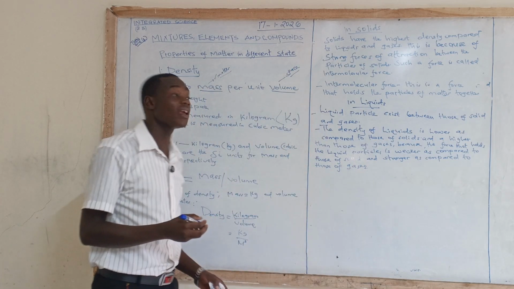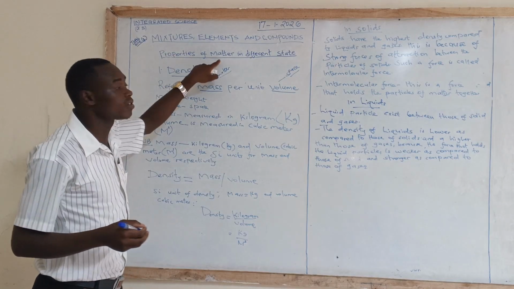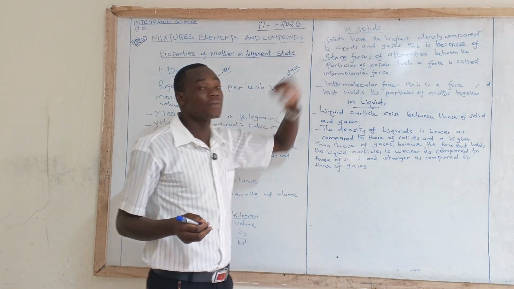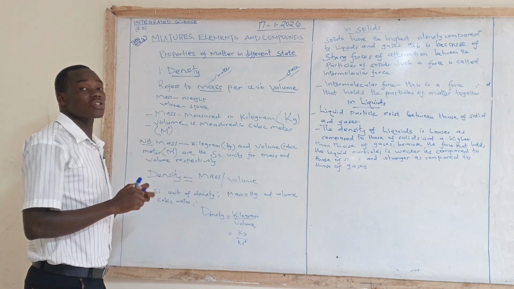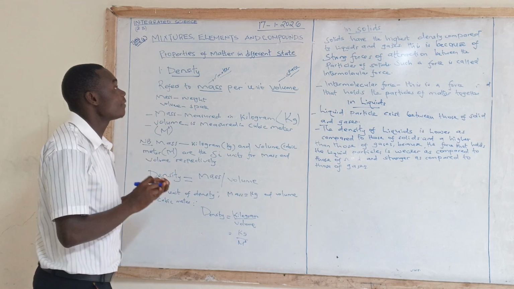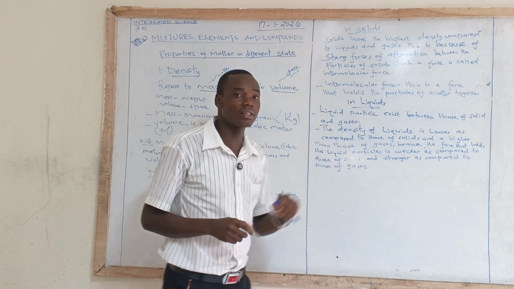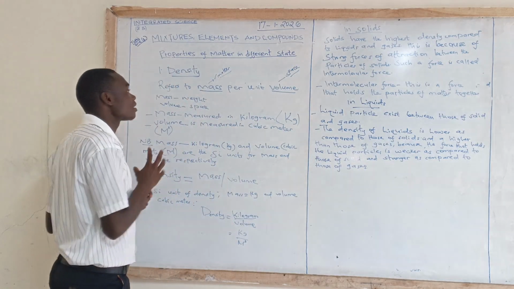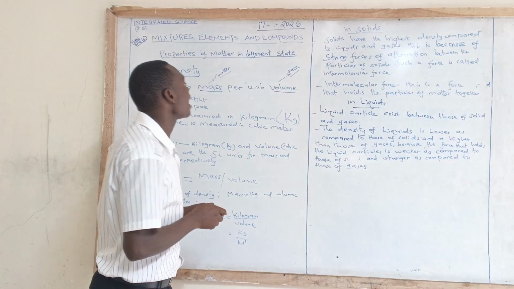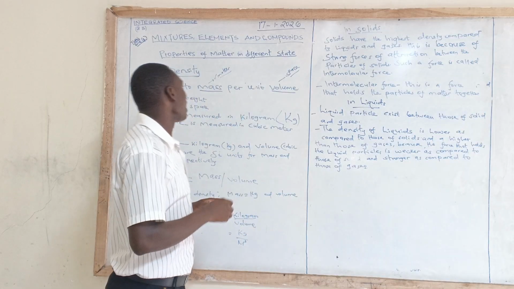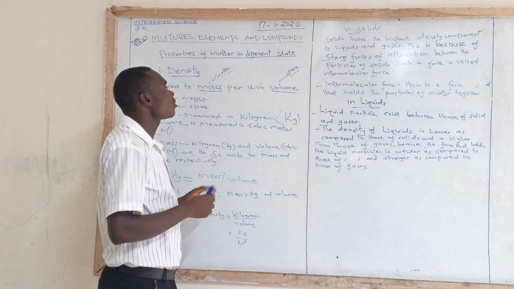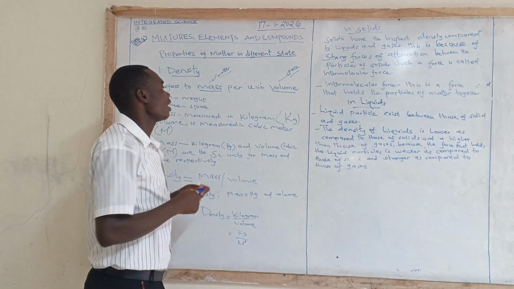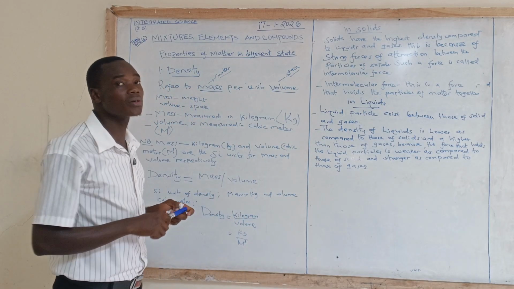So why are we saying that these are the properties of matter? You realize that particles of solid are strongly held. Therefore, they have a higher density. Now, property number one, we talked about density. And we have known that density is mass per unit volume. So we must have matter having mass, and we also must have a space that any matter will occupy, and that is what we call volume.